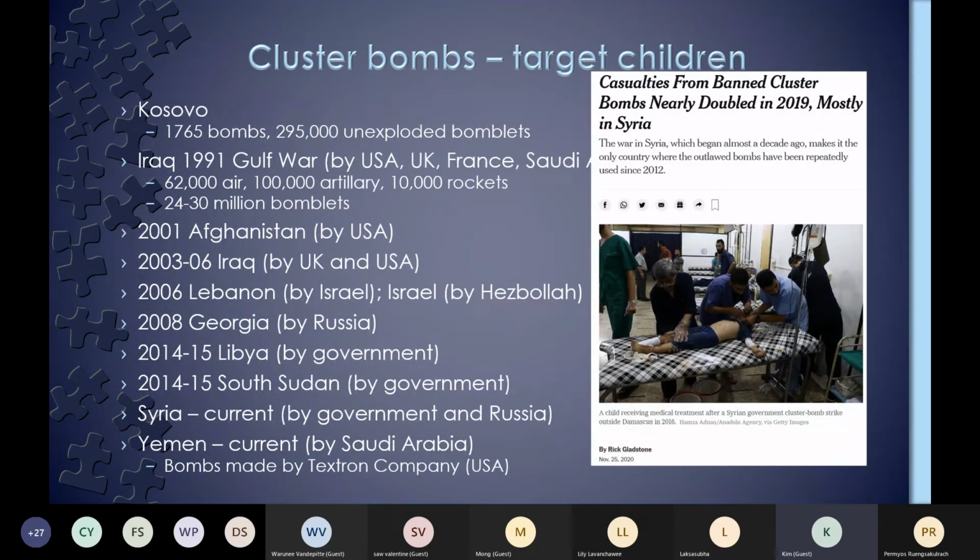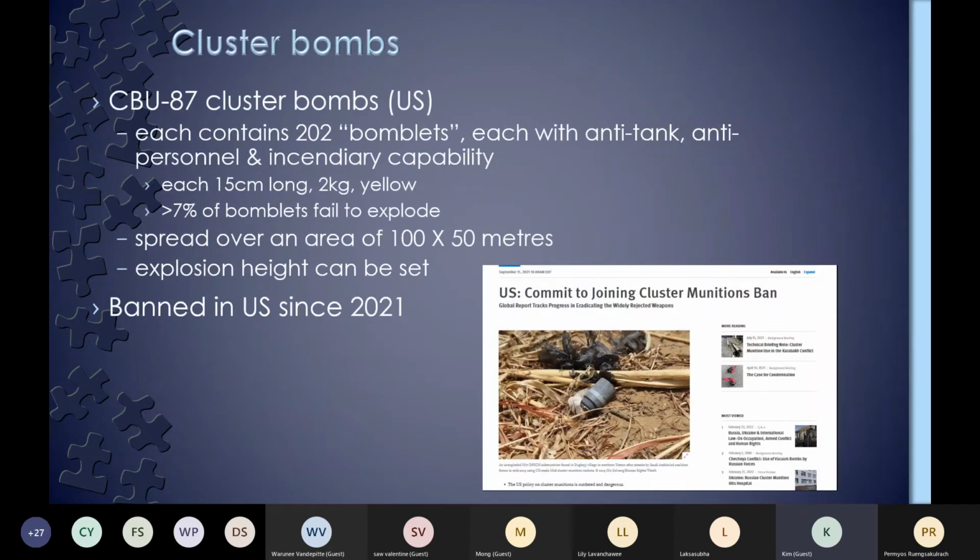But they still continue, and this report from Syria 2019 just shows the extraordinary number of people who are being killed and maimed by cluster bombs today. The United States has actually banned them just a few months ago, incredibly, and that's certainly worth noting.